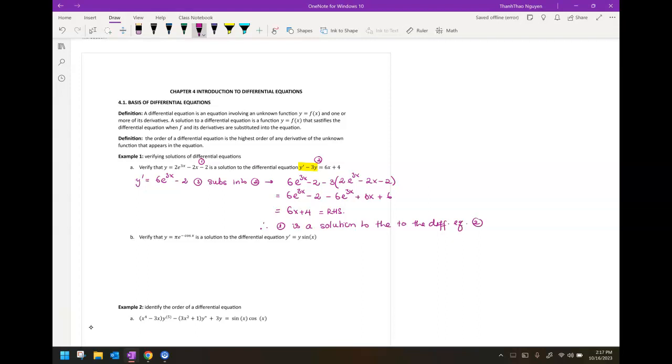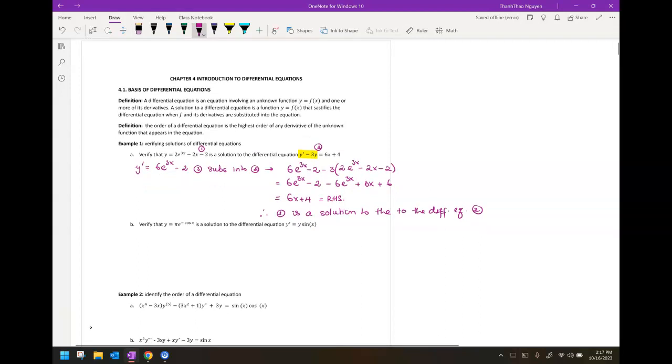Okay, let's take a look at B. Given y equal pi times e to the negative cosine x, is it the solution to the differential equation y prime equal y times sine of x? Well, y prime is equal to pi times sine of x times e to the negative cosine x.